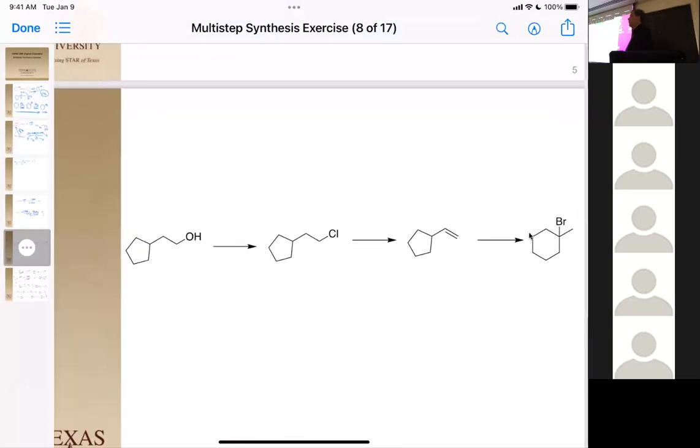I was going to do this as a retrosynthesis, but it has a rearrangement in it, so I thought I'd be nice. We'll do it this way. So let's see. How can we convert a primary alcohol into an alkyl halide, specifically the chlorine? We actually have three different reagents we can use.